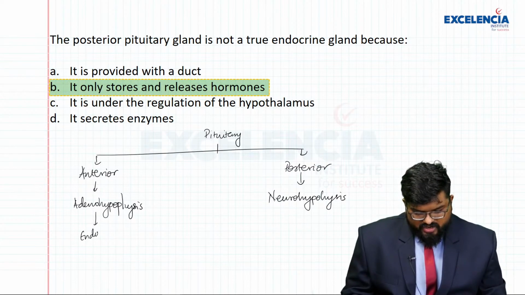Adenohypophysis is the actual endocrine structure which secretes the hormones.